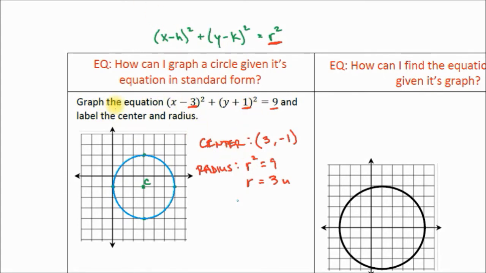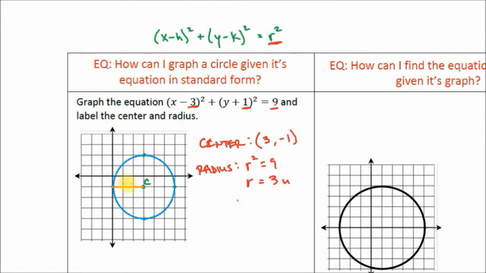Oh, and it says label the center and radius. Let's not forget that. So let's draw a straight line here from the center out. And I'm going to see if I can write in there radius.